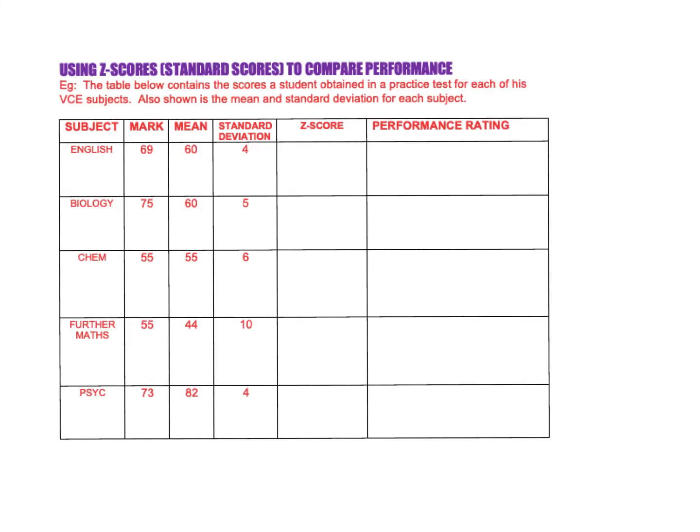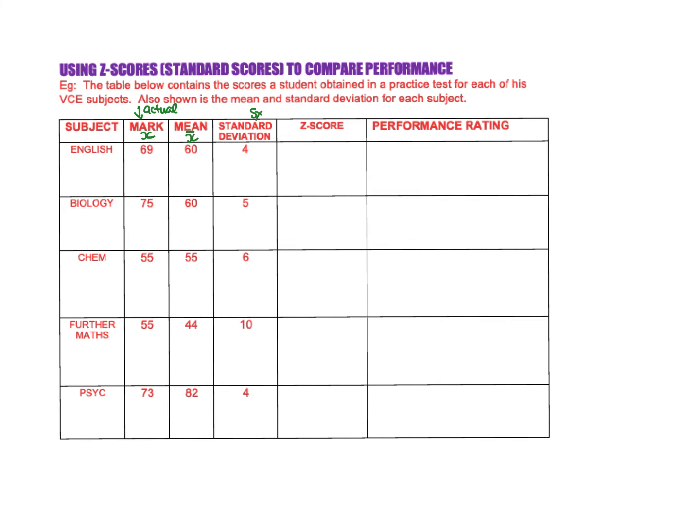So here's an example of a student and the scores they got for all their VCE subjects. This is their actual mark, what they got on the test, yeah? In our formula, they called that X. Then we've got the class mean, and we've also got the standard deviation here.